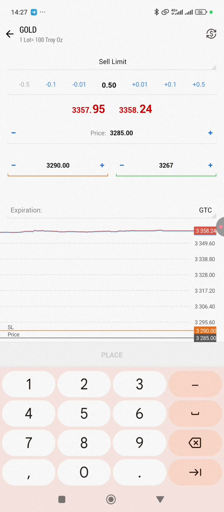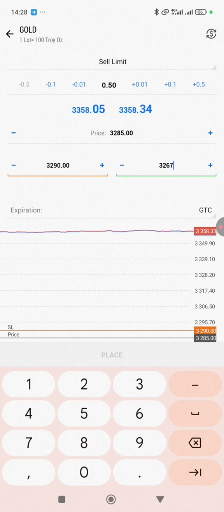But of course, because of the price right now, it will not allow me to place this order. If it is a current order, you'll be able to set that price, because you can already see the price of gold right now, and those ranges are not visible for now for gold to actually place this order. So that's why you are seeing that the place button is not actually activated.